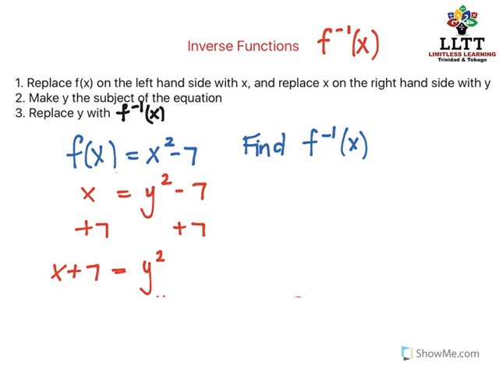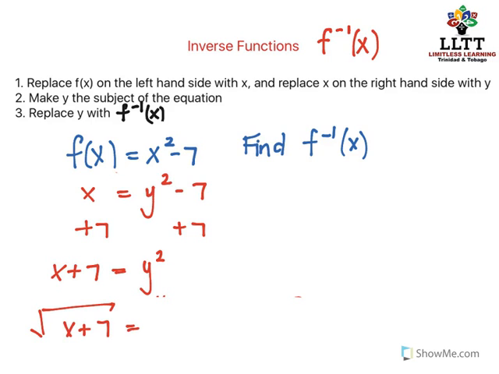I get x plus 7 is equal to y squared minus 7 plus 7 is going to be 0, and y squared plus 0 is simply y squared. And I want to solve for y by itself. So whenever I have something squared and I just want to find that value alone, I take the square root.